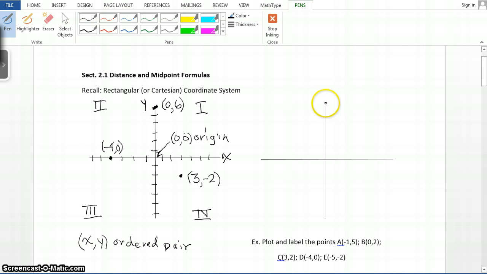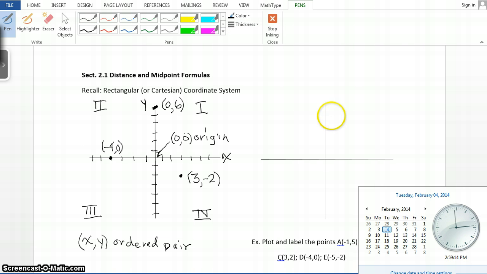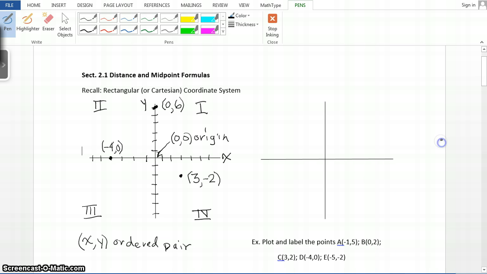Let's step over to this one over here on the right. It's the Cartesian coordinate system. Look at this example. It says plot and label the points. We're going to label them with these letters. The point A is the point negative 1, 5. The point B is 0, 2, and so on. This is my x-axis, so you don't always have to label these.